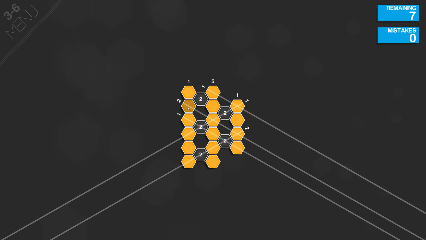If this is blue, and this is blue, and this is not blue, it means the other 5 vertically are blue. But if that's true, this would have... This is blue. This is not blue. This is blue.